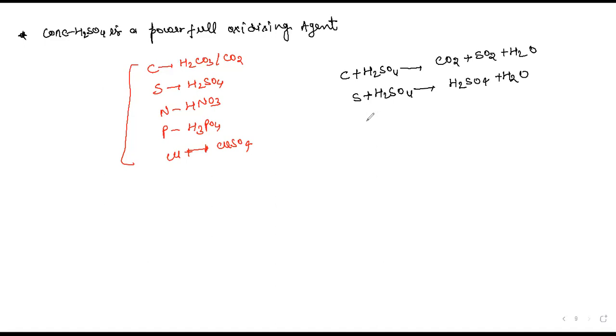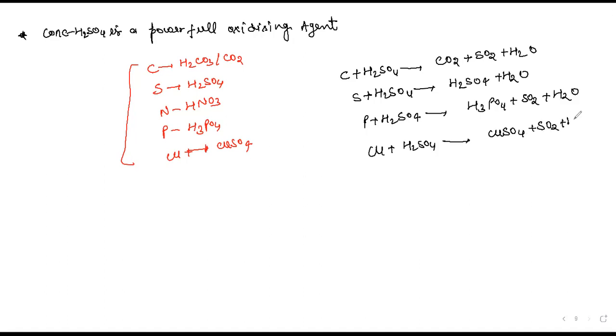In the same way, phosphorus plus H2SO4 gives H3PO4 plus SO2 plus water. And copper plus concentrated H2SO4, we have to take concentrated in all the cases, gives CuSO4 plus SO2 plus water.